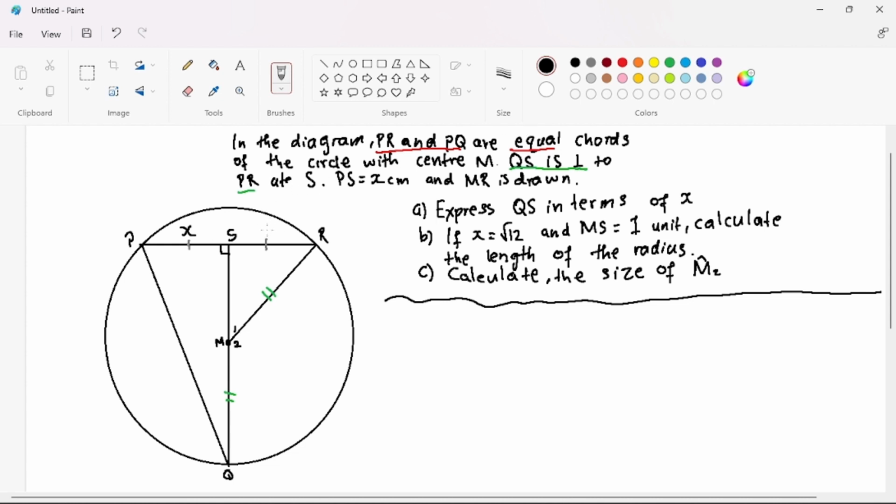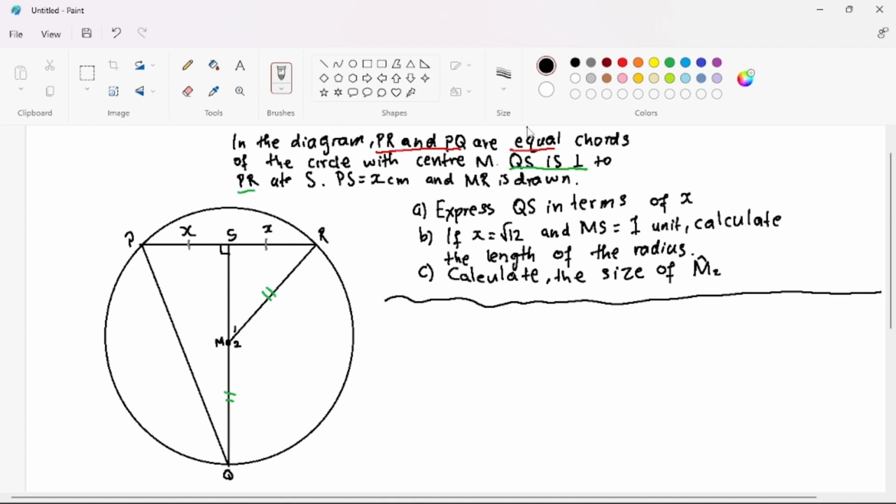So what is SR? SR is eventually going to be x, right? Because that line is from the center and is perpendicular to the chord, and we know that it bisects the chord. Bisect simply means that it is cutting this thing into two equal halves, right?